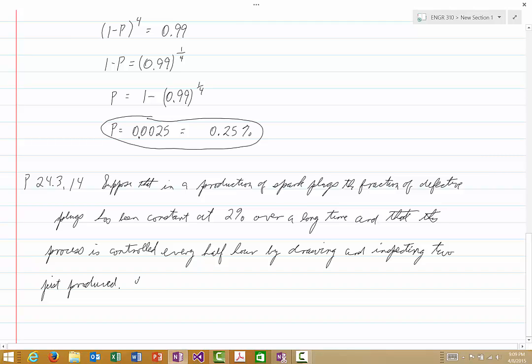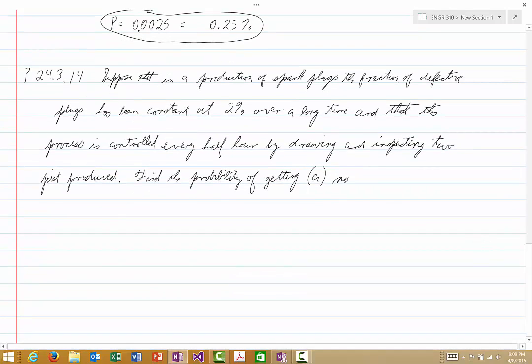Find the probability of getting A, no defectives, B, one defective, C, two defectives, and then there's one more question. What is the sum of these probabilities?